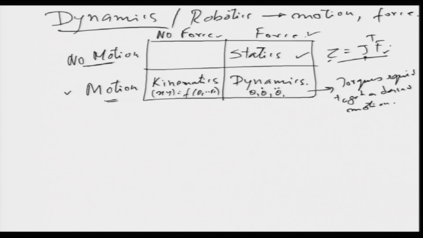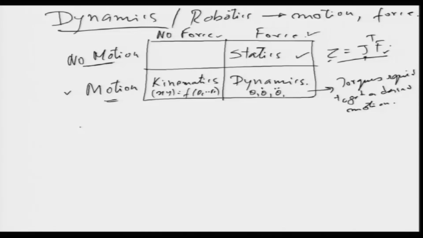The dynamic analysis tells us how much torque is required at the joints to get a particular kind of motion at the output. Dynamics has to do with position, velocity and acceleration, and what is moving is a rigid link, which is a body, it has mass.